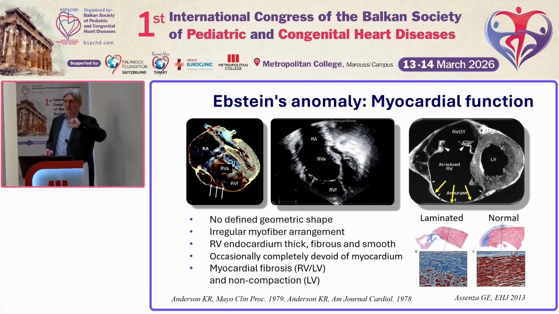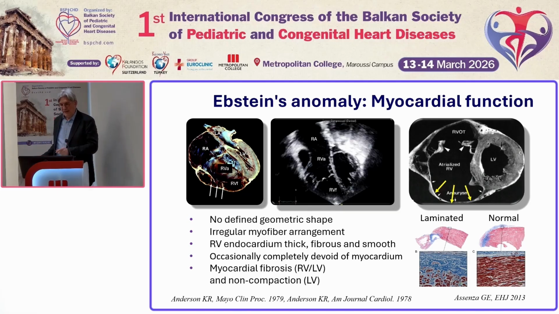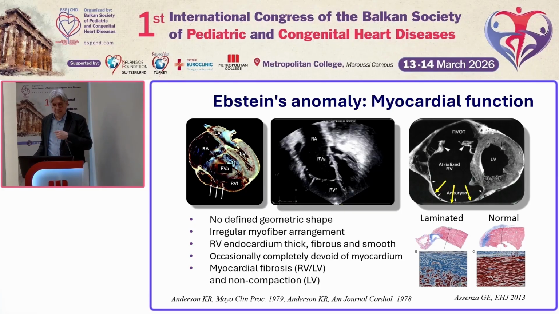Jan Januszek, a friend of mine, believes that there are myocytes, because he is now considering that maybe the patients would benefit from biventricular stimulation. I am less optimistic because sometimes you don't see any myocardial layer. In addition, there is a lot of non-compaction, and it's a genetic disorder.